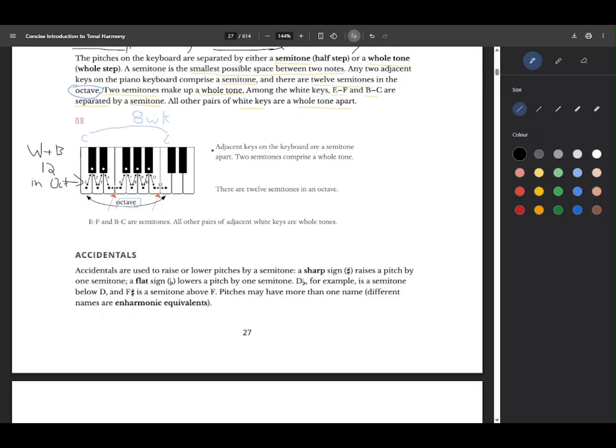So if we read here, adjacent keys on the keyboard are a semitone apart. So any 2 keys that are directly next to each other are a semitone apart. Now, if we look at our keyboard here, you might think, okay, here's our D, here's our E. Well, these are directly next to each other. And you'd be right.